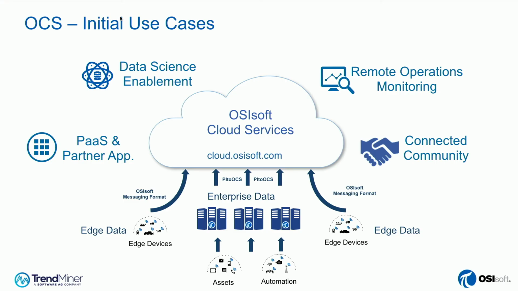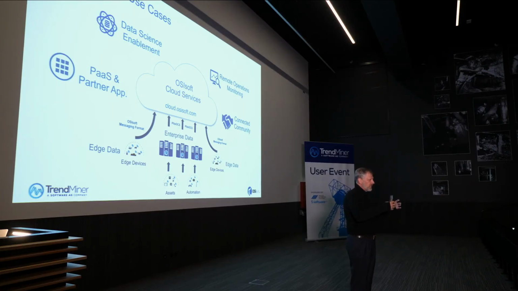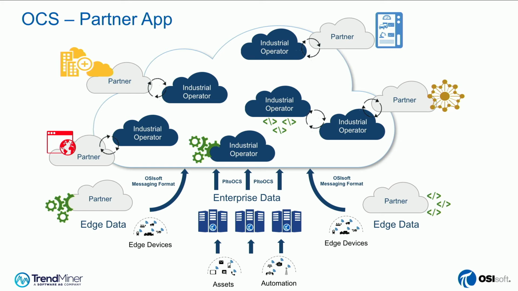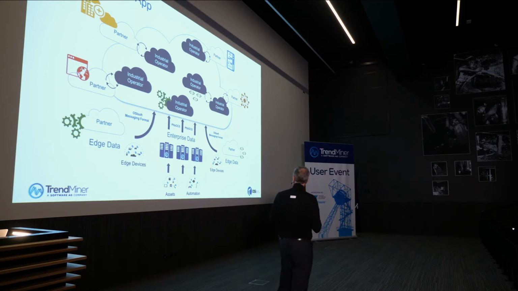And then that brings us to the platform as a service and partner applications. And this is where we're really excited that we can bring that reach of the data to partner applications that are cloud first or cloud oriented. So the way we imagine this is really it's part of a continuum. You have your enterprise PI systems, and those through integration will synchronize some or all of the data into the cloud, making it available to partner applications.